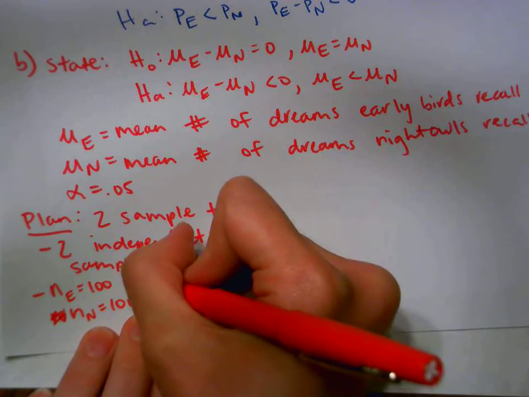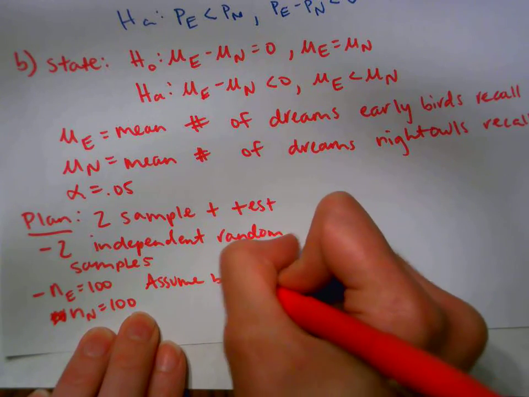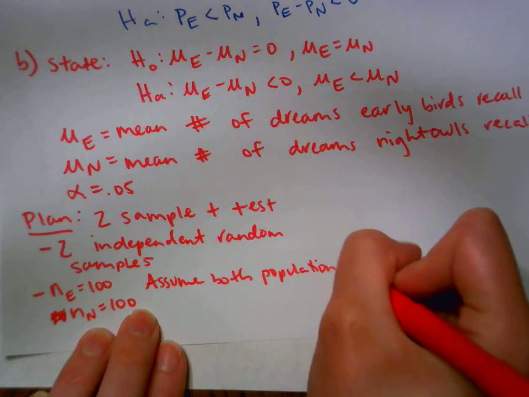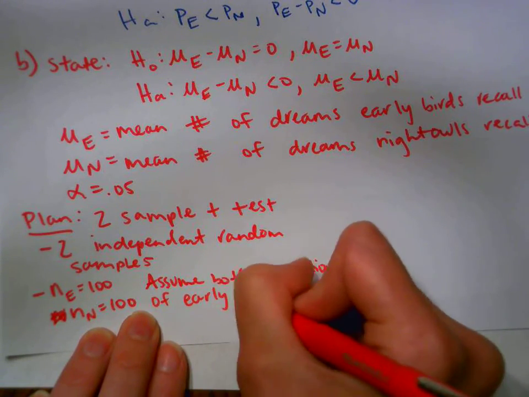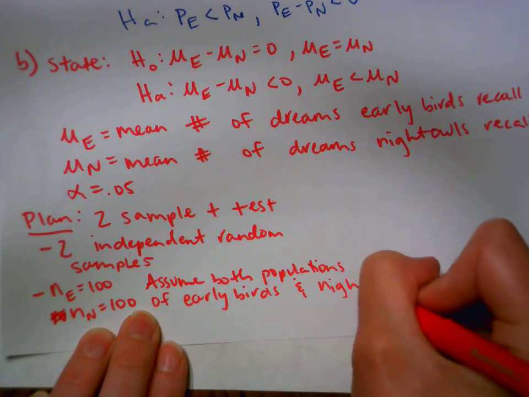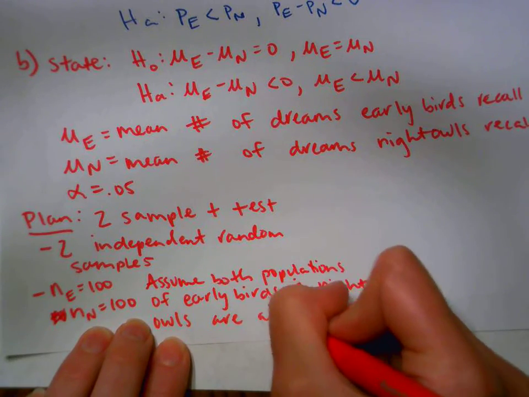I'm going to write that out: assume both populations of early birds and night owls are at least 1,000.